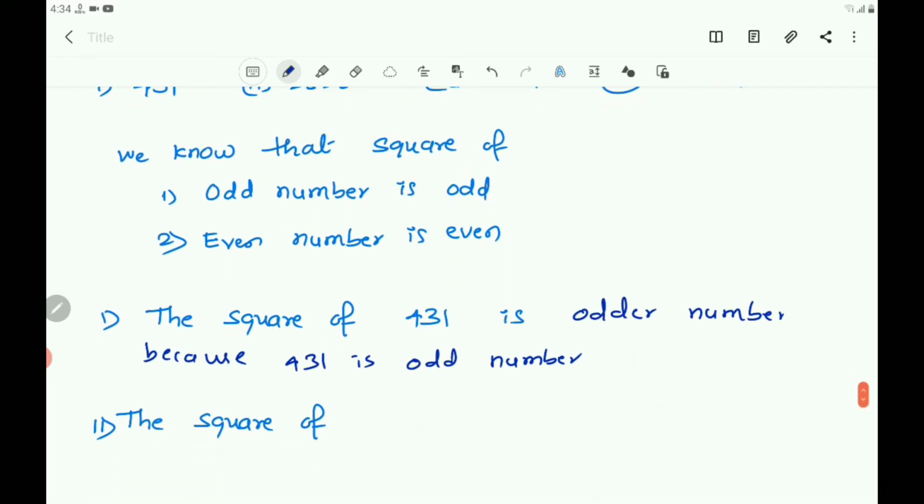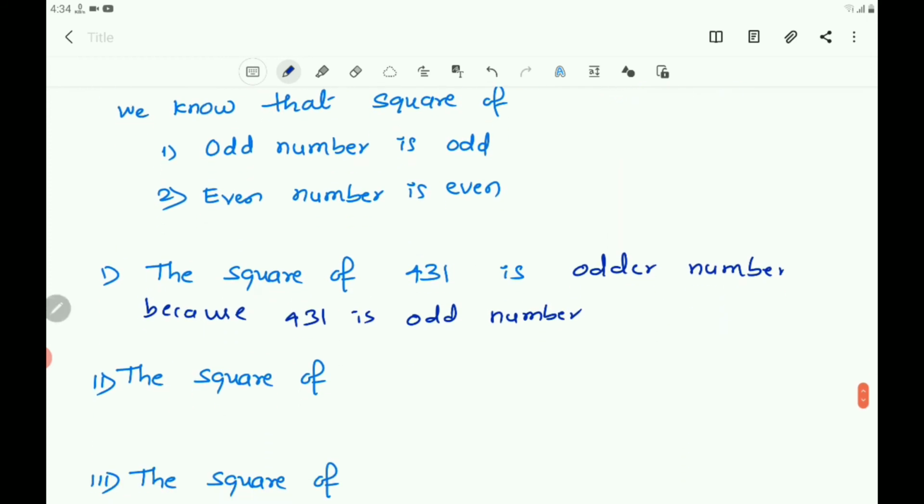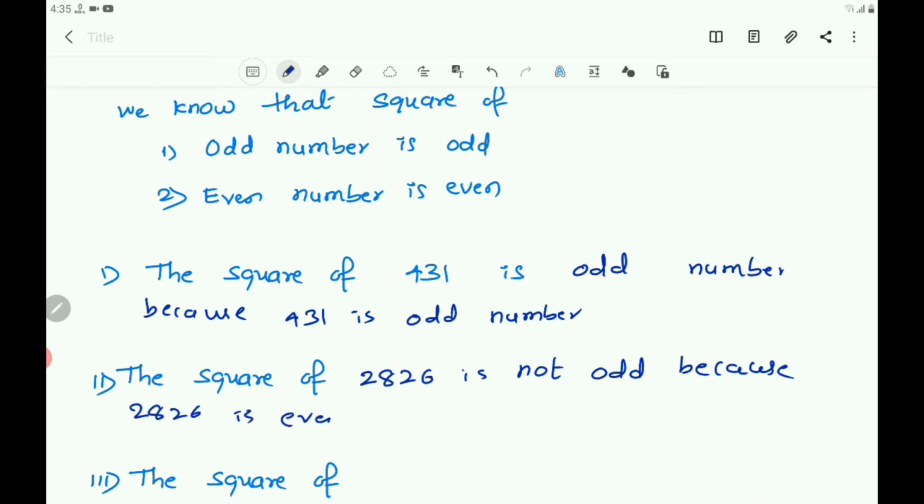Next, the square of 2826 is not an odd number. Why is it not odd? It is even, because 2826 is an even number.